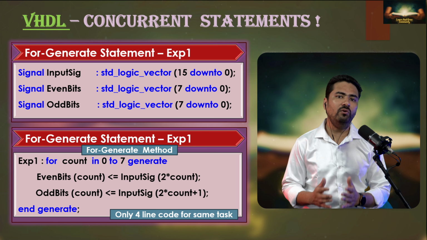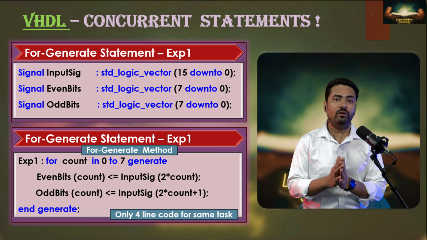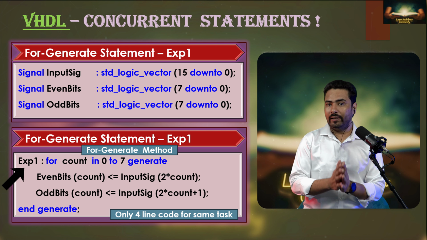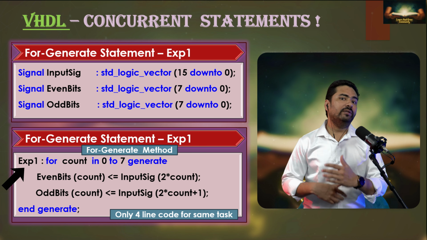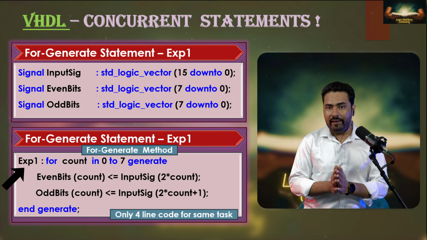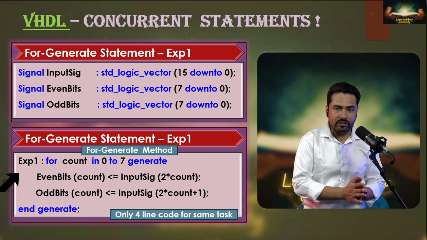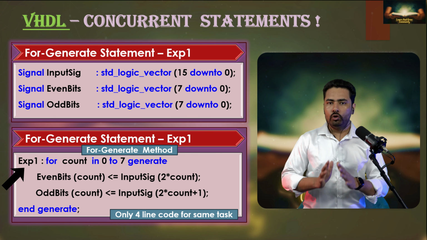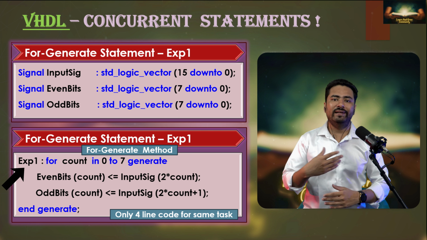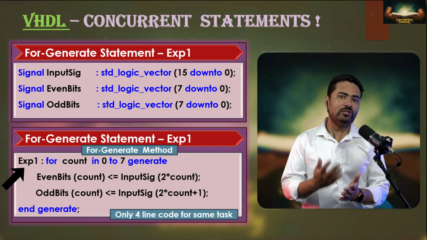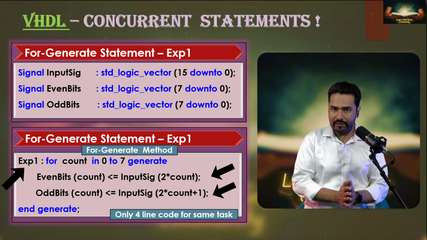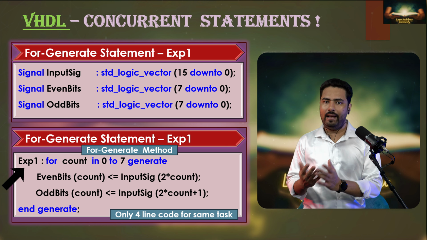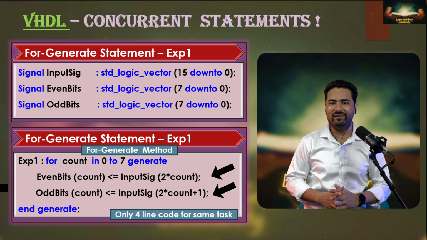Okay, so first of all, we will give some label for the generate statement. Then use a colon and write the keyword for. Then we will give some loop variable, which will define a loop parameter that runs from 0 to 7. So total 8 iterations in our example. Now within this loop, we will assign the even and odd elements of input signal to even bit signal and odd bit signal respectively.